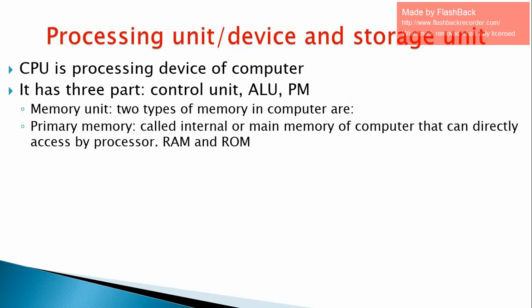Primary memory is the internal or main memory of the computer that can be directly accessed by the processor. Whatever contents are present in the primary memory are directly accessed by the processor. Examples of primary memory are RAM and ROM.